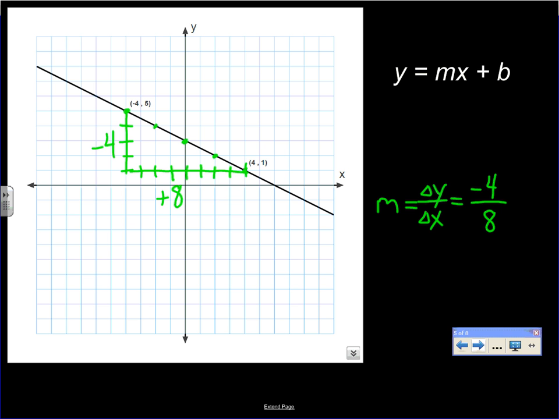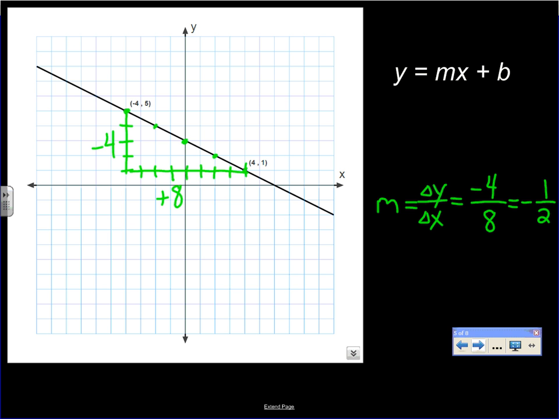We know that since we have a negative divided by a positive, we're going to get a negative. And 4/8, we know 4 goes into both of those numbers. 4 goes into 4 once, and 4 goes into 8 twice. So our slope is -1/2.